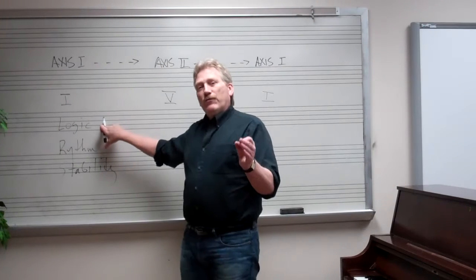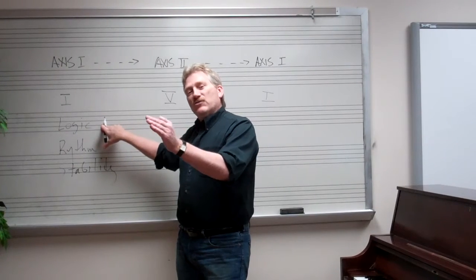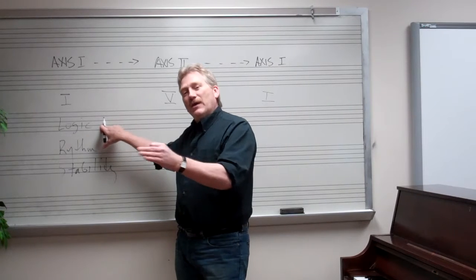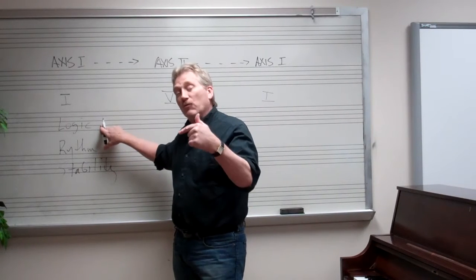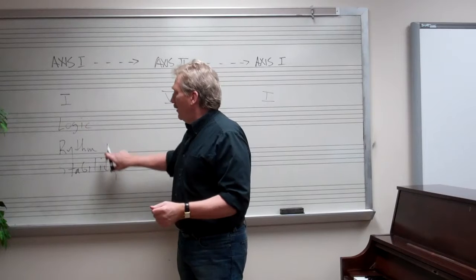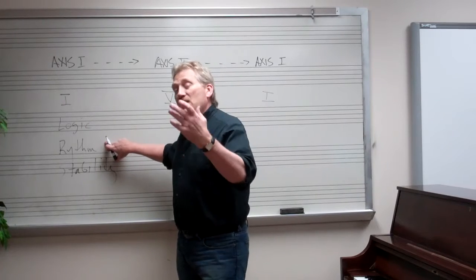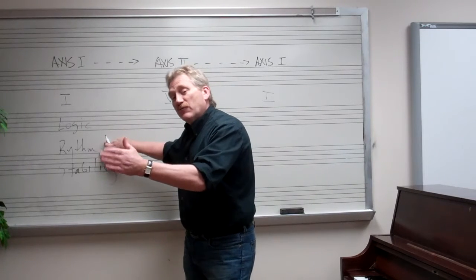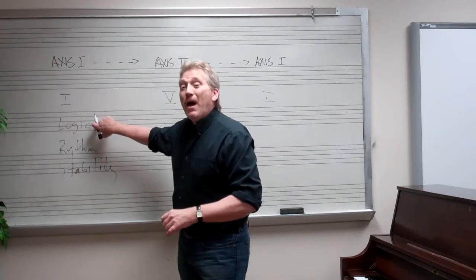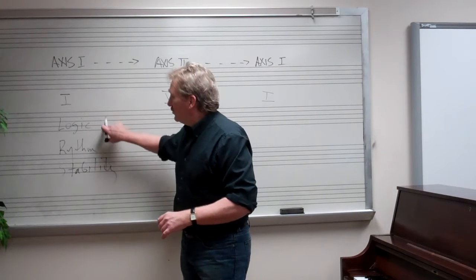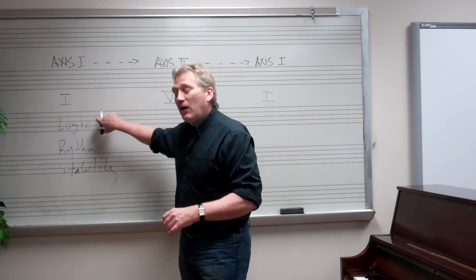Logic, we refer to that as which harmony succeeds which harmony. Do they make sense? Their order makes sense to the rules that have developed over time. Rhythm. Does the rhythm, the rate of change for each of those harmonies, match the logical harmonies? Do these two match? Does the rhythm match the logic?